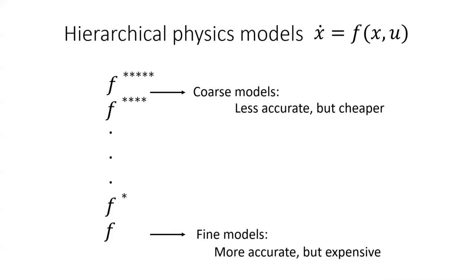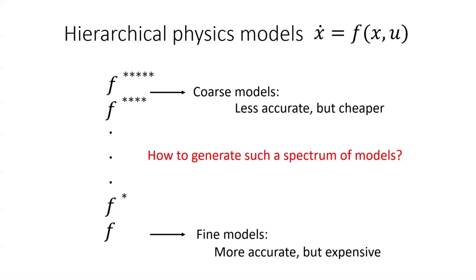But instead of that, can we have multiple physics models? At the bottom, we'll have the most accurate models, but computationally expensive. At the top, we will have coarse models. These are not very accurate, but much cheaper. And then maybe we have the spectrum of models in between, and then we can pick and choose which model we want based on the task.